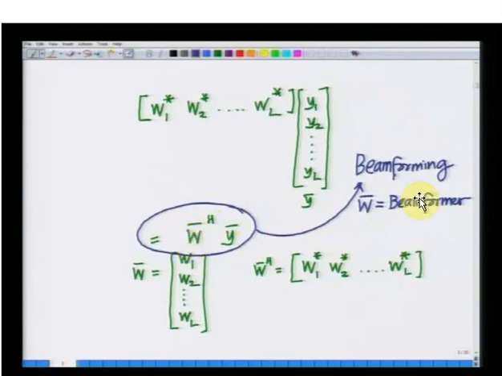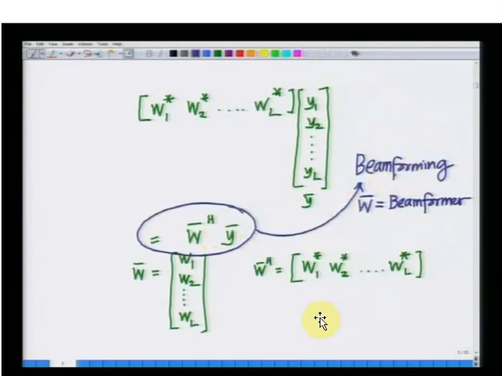This W bar vector is called a beamformer, and this whole system of multiplication of the beamformer with the received signal vector is called beamforming. Effectively, we are forming a beam in the direction of the received signal.